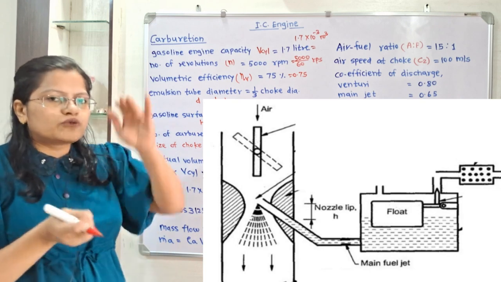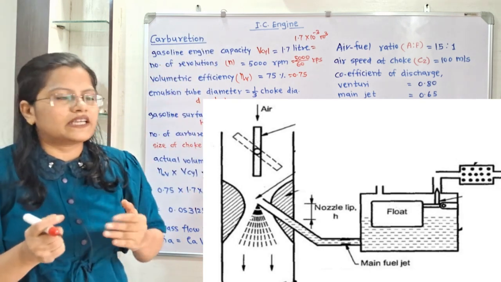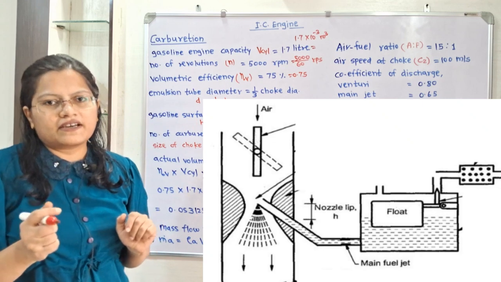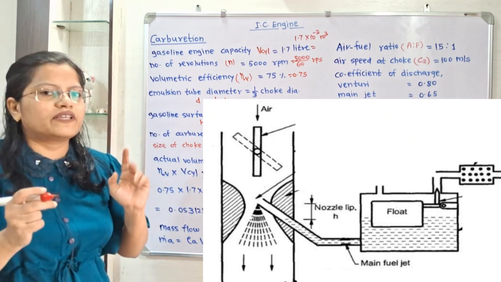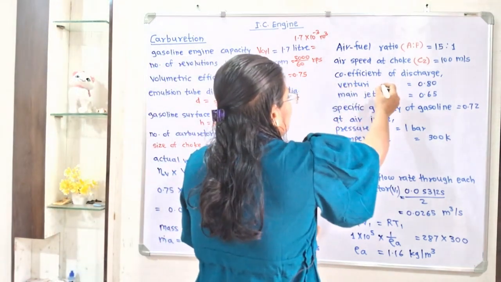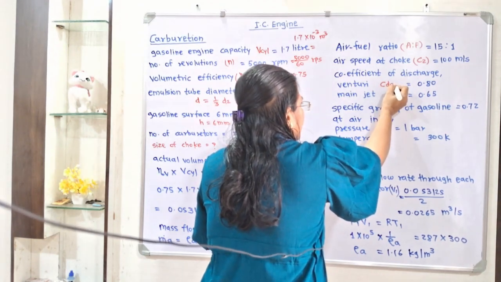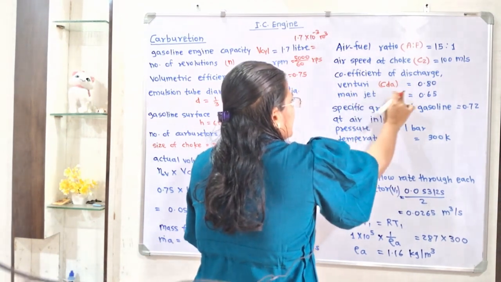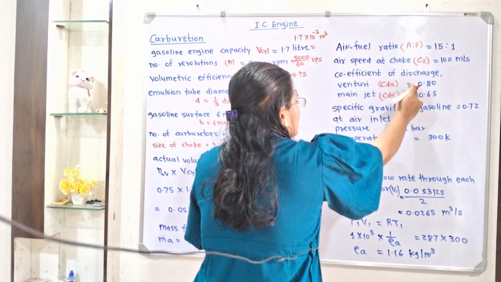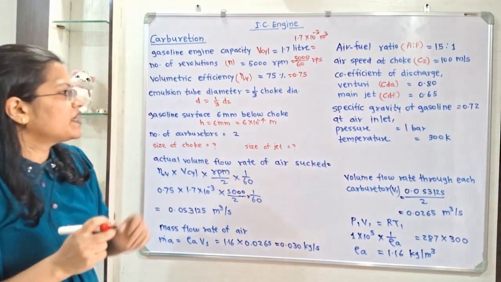Remember, through the venturi air is passing from the air inlet, and through the main jet fuel is passing through the nozzle of the fuel metering orifice. So for the venturi the coefficient of discharge is CDA, and for the main jet it is CDF. These values are given as 0.80 and 0.65.